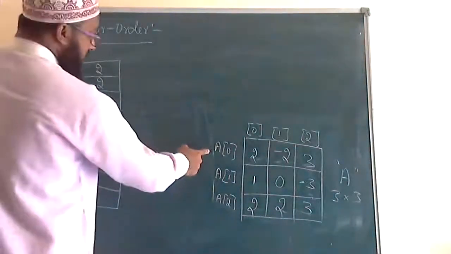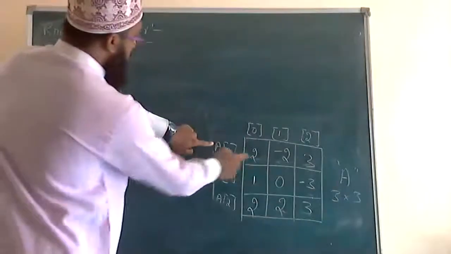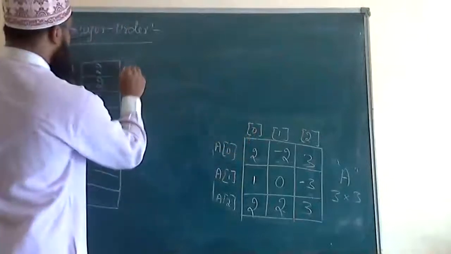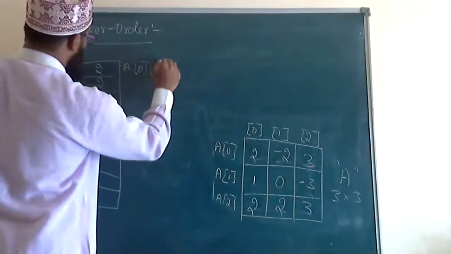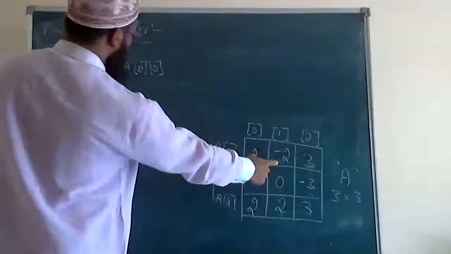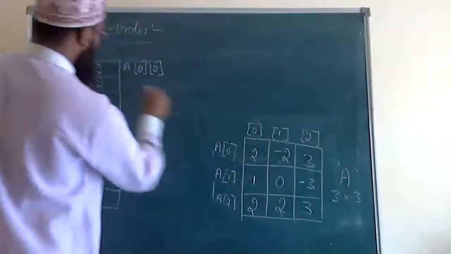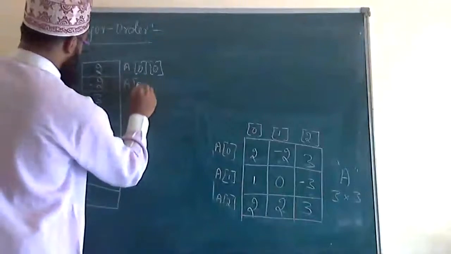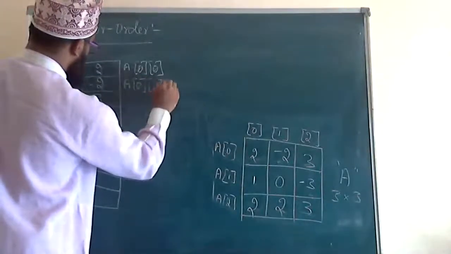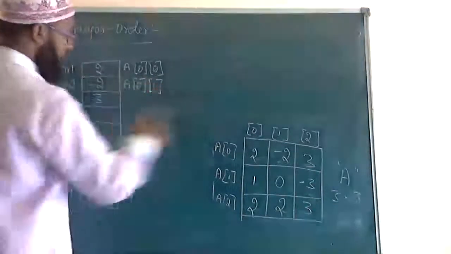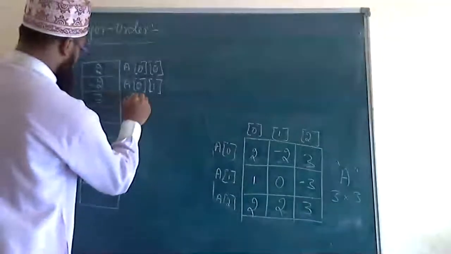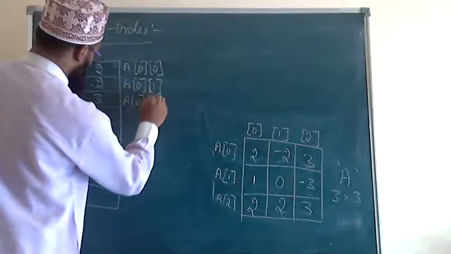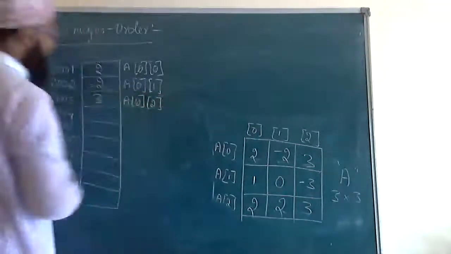The subscripts can be taken as A of 0 0 for 2, A of 0 1 for minus 2, then A of 0 2 for 3.